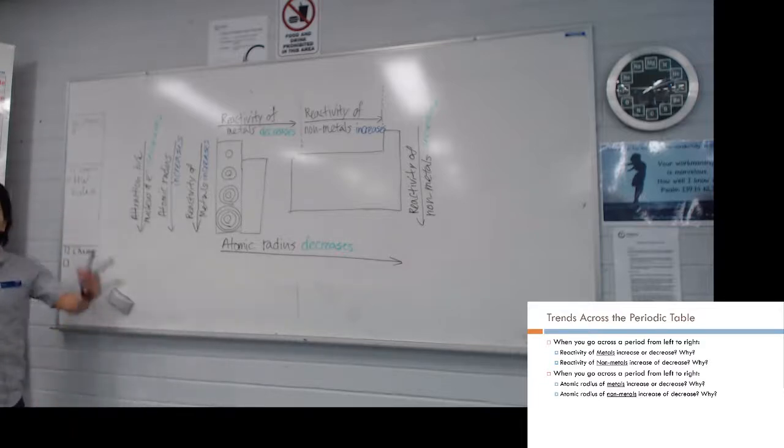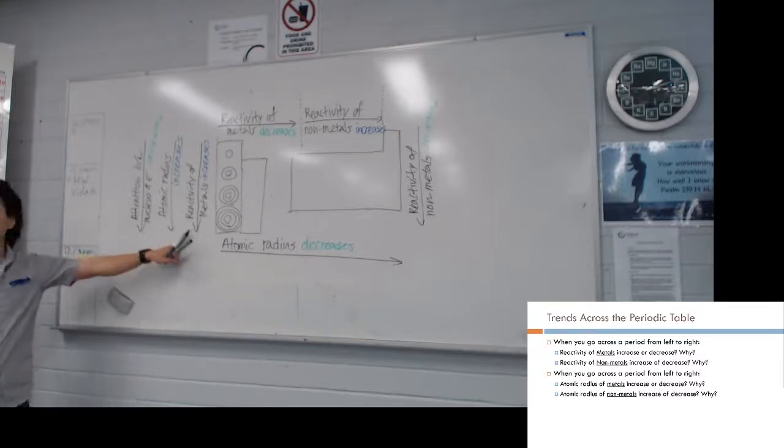And if attraction is very weak, electrons can come off really easily, which means it's more reactive.